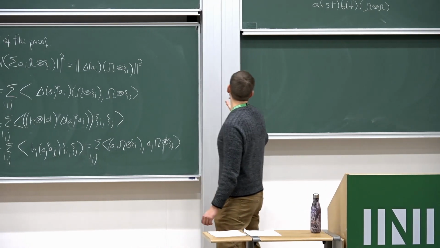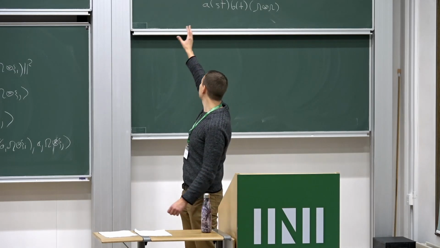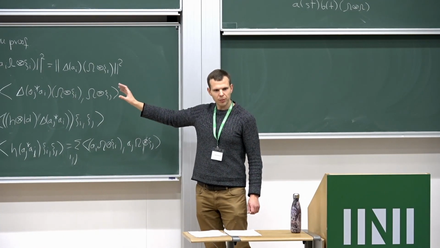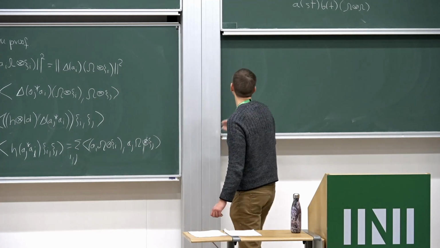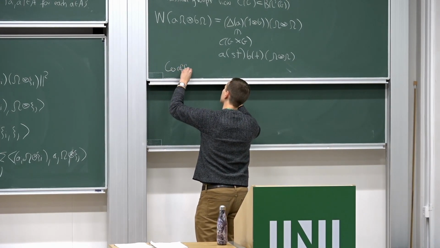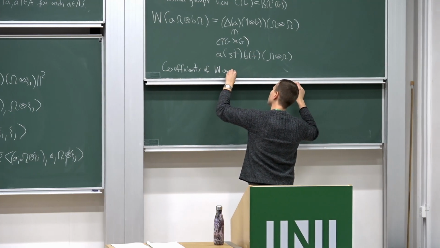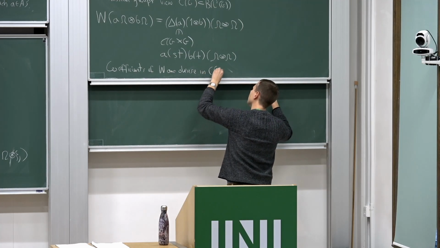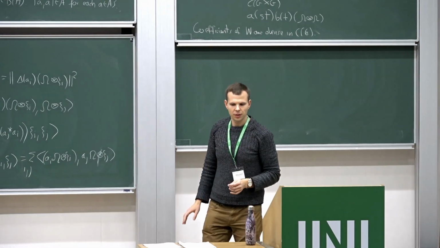You can show relatively easily, once you can do all the technical steps showing that W is an actual representation, that the coefficients of W are dense in C(G), and you can do this fairly explicitly.